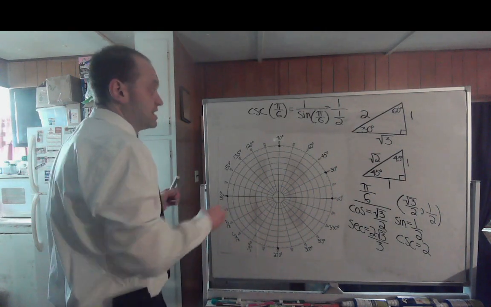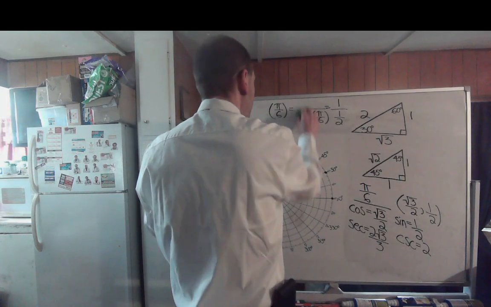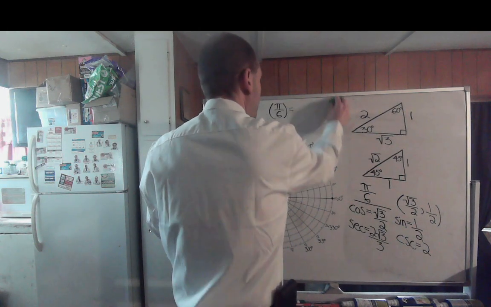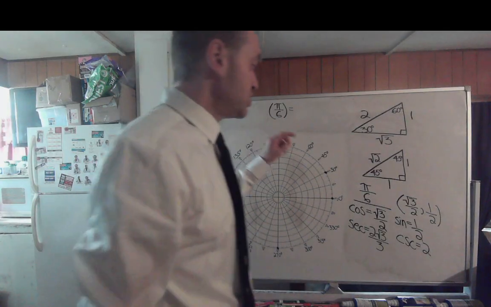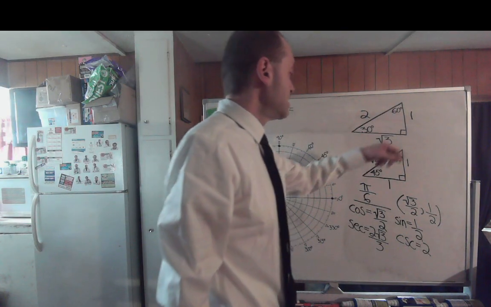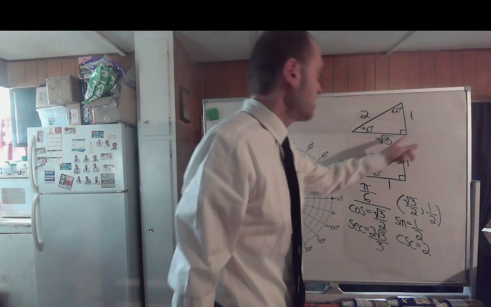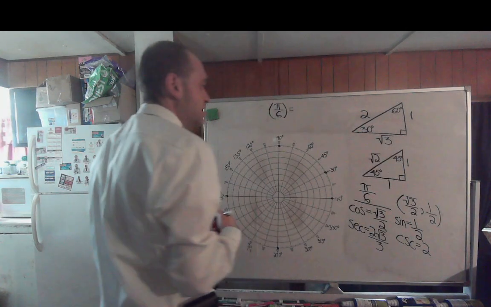Now we can find the tangent. So the tangent is going to be your opposite over adjacent.